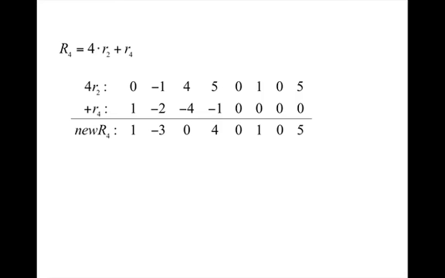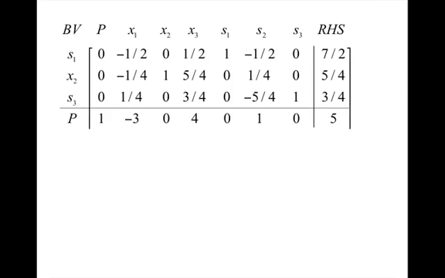So I'm going to keep row 2 the same and rewrite my new rows 1, 3, and 4. My new row 1 was 0, -1/2, 0, 1/2, 1, -1/2, 0, and 7/2. My row 2 stayed the same, 0, -1/4, 1, 5/4, 0, 1/4, 0, and 5/4.